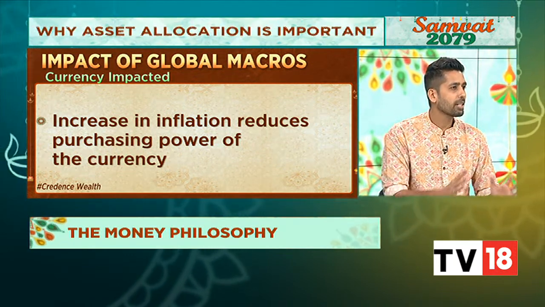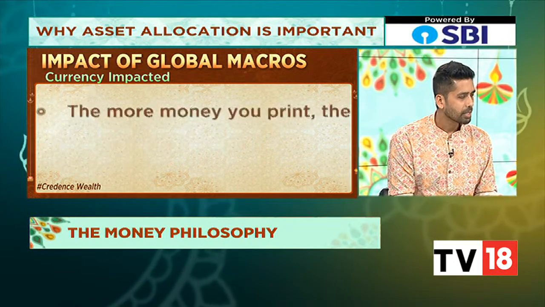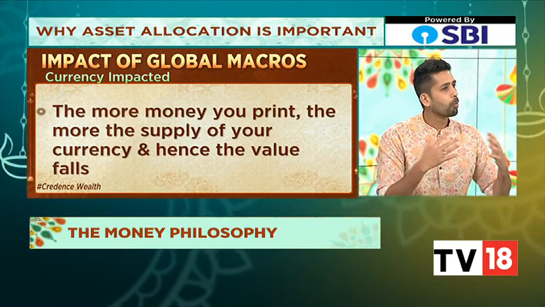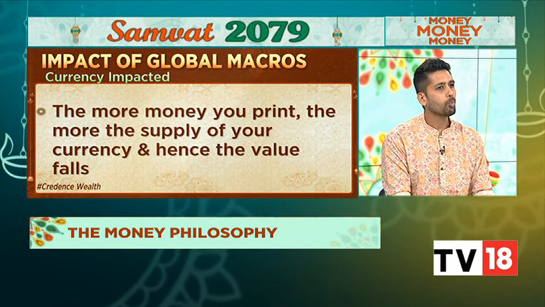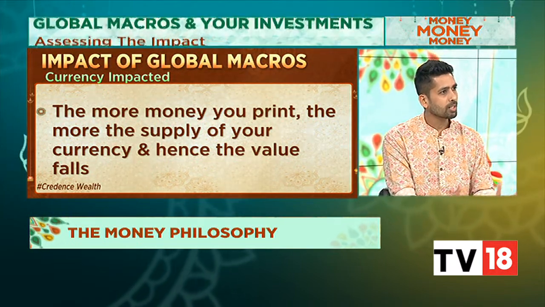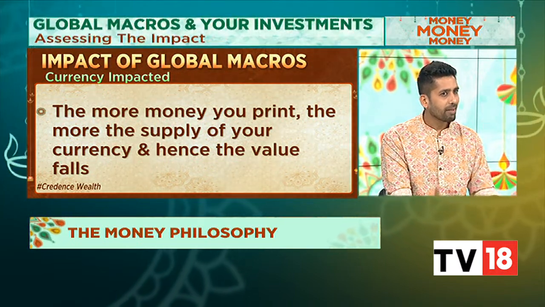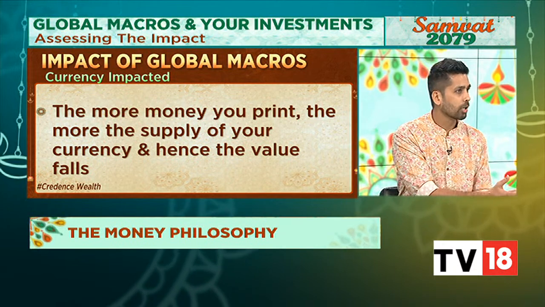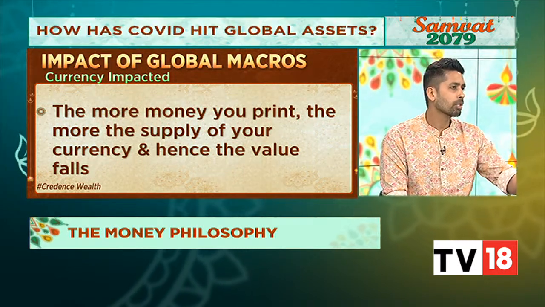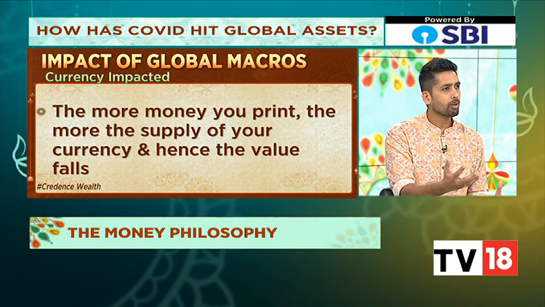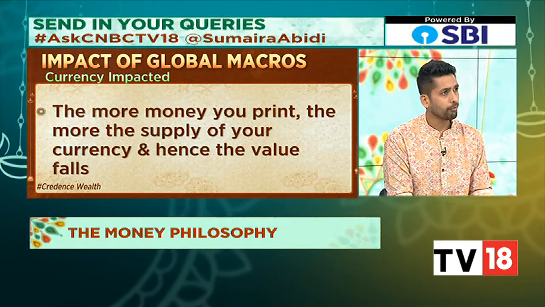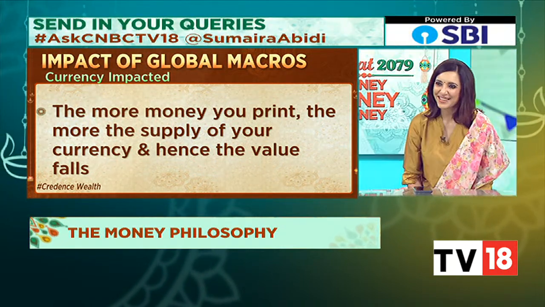So we are saying largely when inflation goes up, your currency depreciates. And we saw that happening globally, right? We saw almost every currency except the Russian currency, if I'm not wrong, fall versus the dollar. So whenever inflation goes up, your purchasing power goes down, and hence your currency will typically fall. Like to say, the dollar has strengthened against every currency.